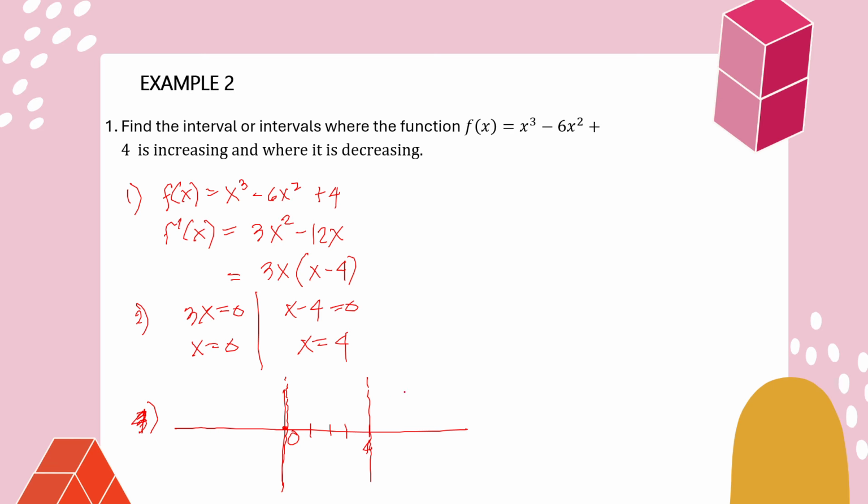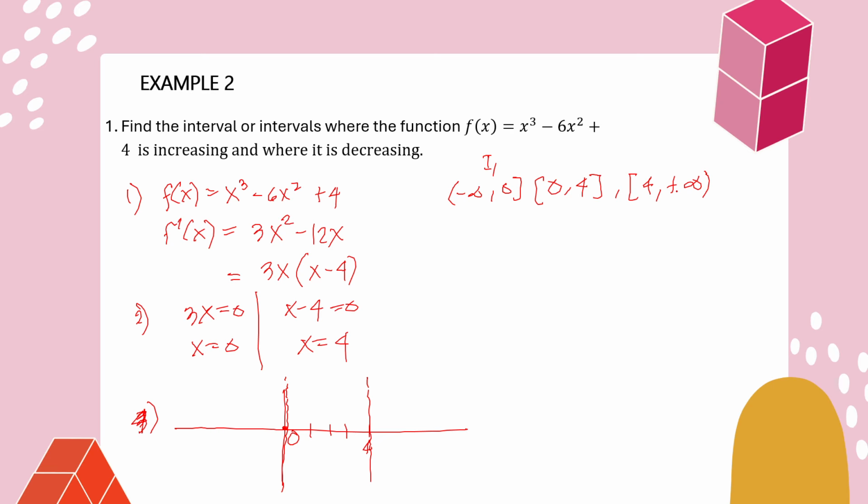So we can deduce that the intervals in this particular function are: negative infinity, open, to 0, close. This is the first interval. The second interval is 0, close, to 4, close. And the third one is 4, close, to positive infinity.